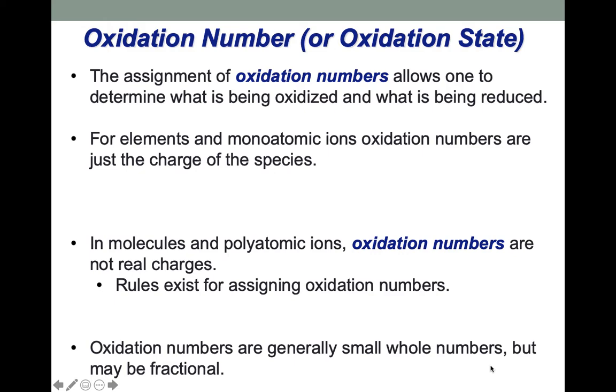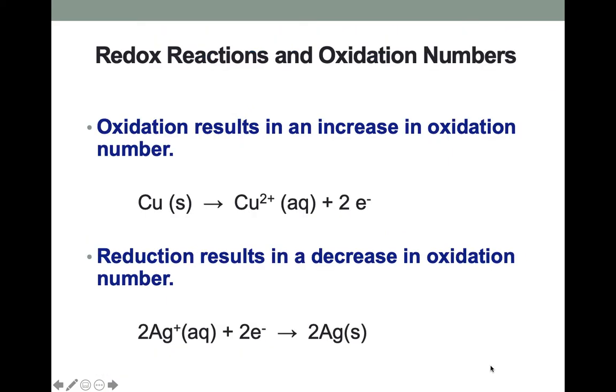So oxidation numbers are generally small whole numbers, but they may be fractional. We will not deal with any fractional ones, so you're getting off lucky there. Oxidation results in an increase in the oxidation number, or it gets more positive. So here copper is a solid, and all elements have an oxidation state of 0.